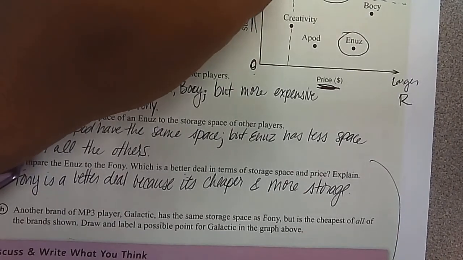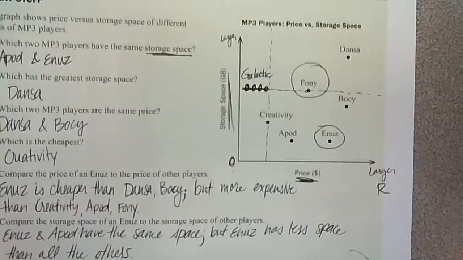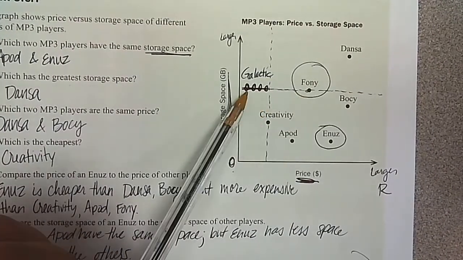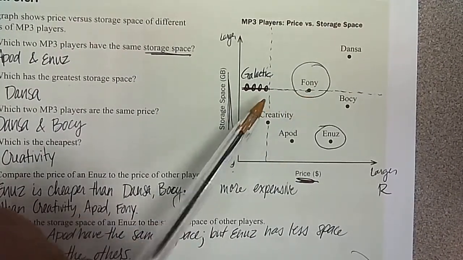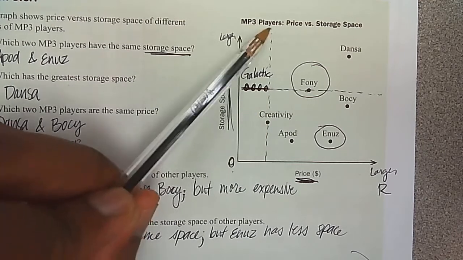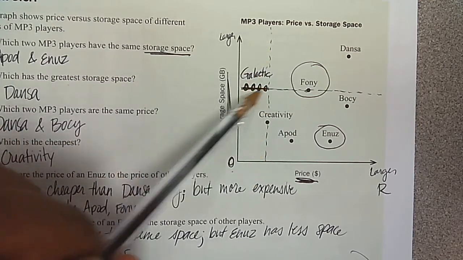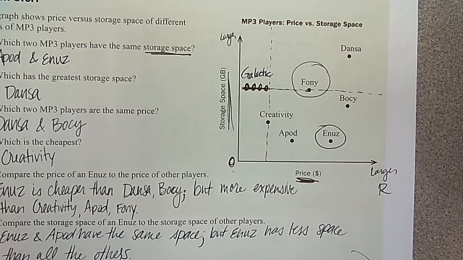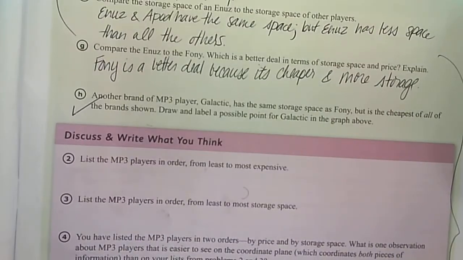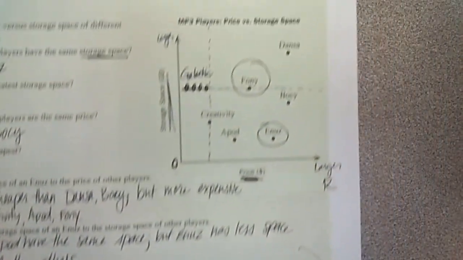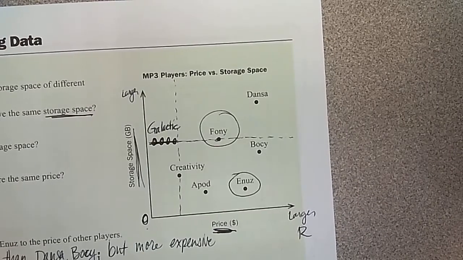Please follow directions. So this is on the same line with Phony, but it's the cheapest, and Creativity is the cheapest, so it's somewhere over there. Nice. So we have that done. All right, so I'll leave it on this picture while I discuss and write what you think.